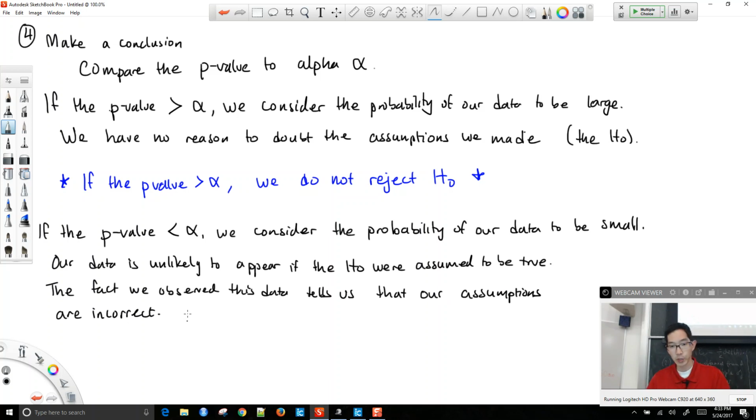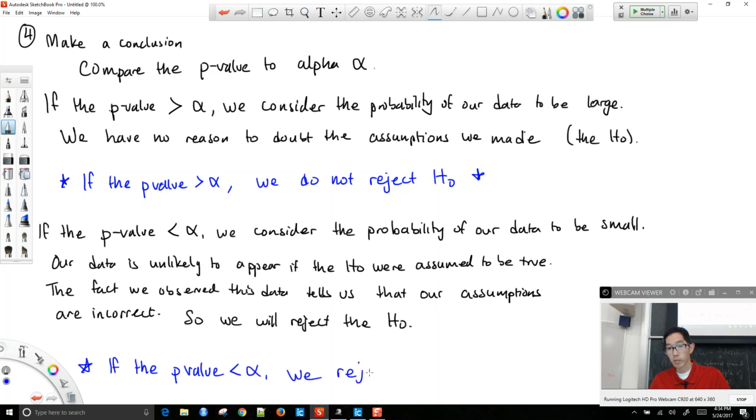And so we will reject the null hypothesis. The summary line of that is, if the p-value is less than alpha, we reject the null hypothesis.